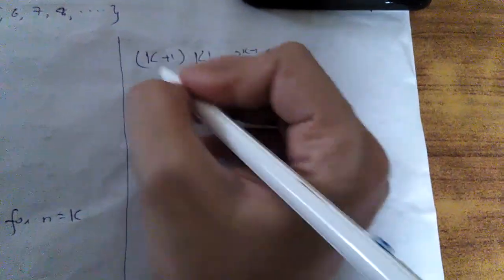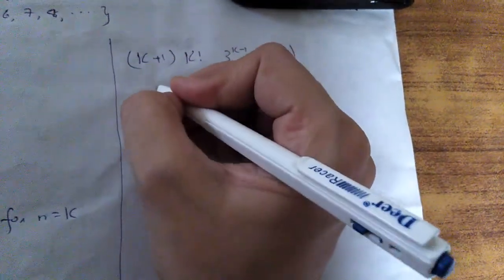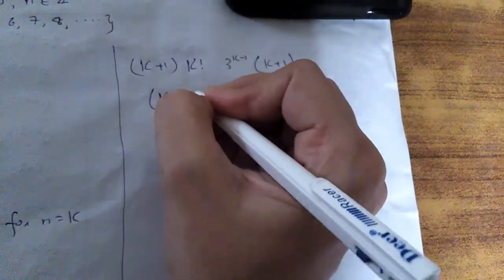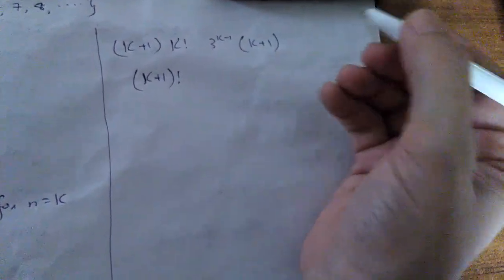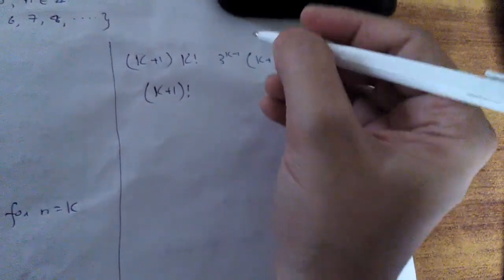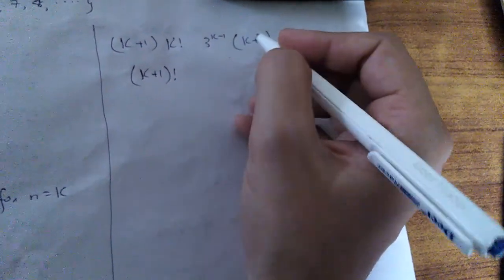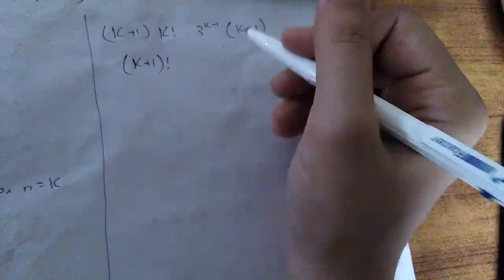So this thing comes out to be your k plus 1 factorial, and this k minus 1, how I'm going to adjust this side in order to get my 3 power k plus 1.